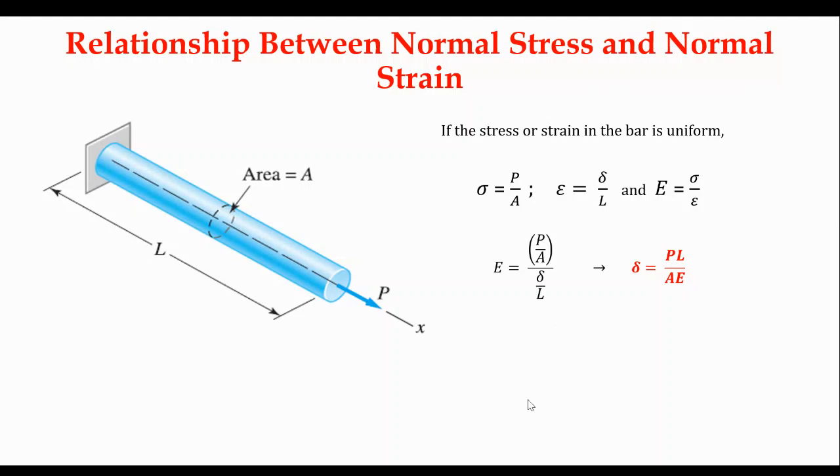Okay, so maneuvering the equation, solve for the deformation. We can simplify it as deformation equal to PL over AE, or force times length over area times elasticity. So if we have a body, given the force applied, the length, the area, and the elasticity of the material, then we can compute the deformation of that material.